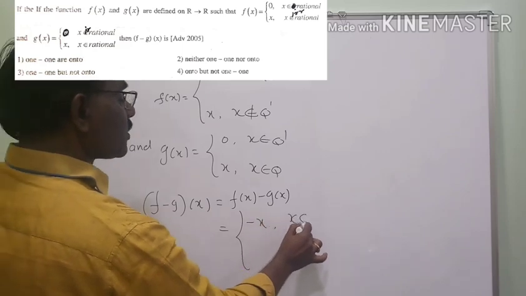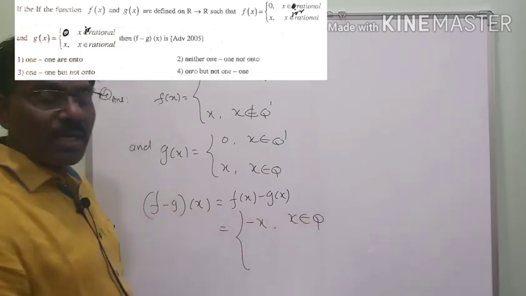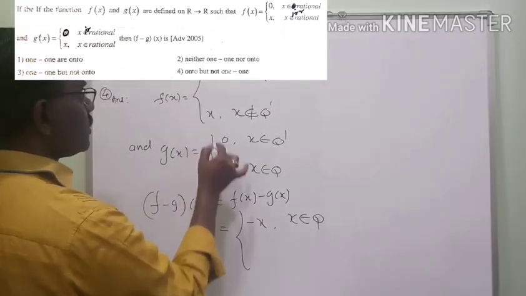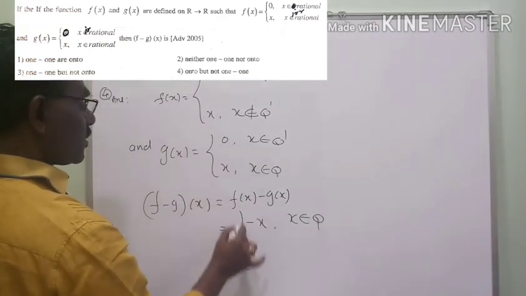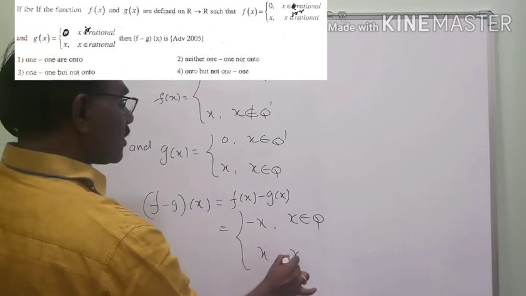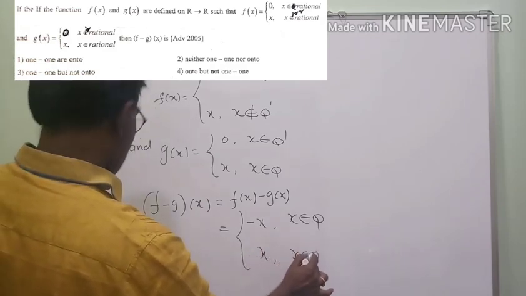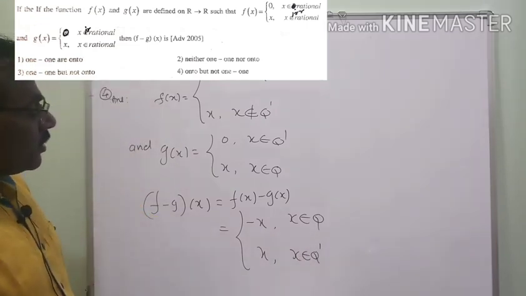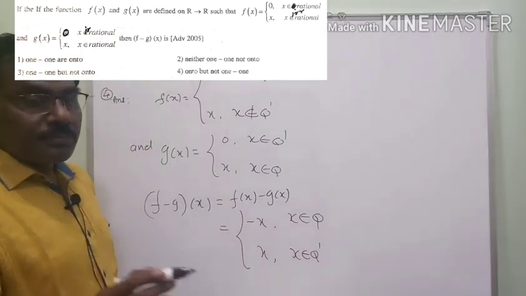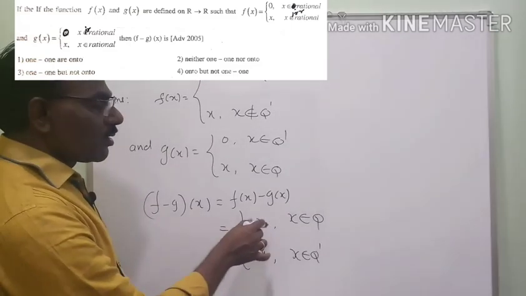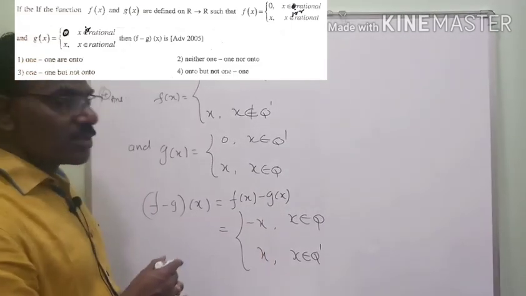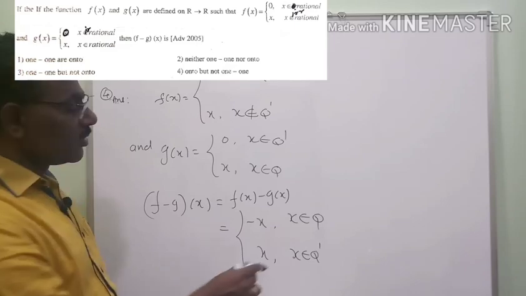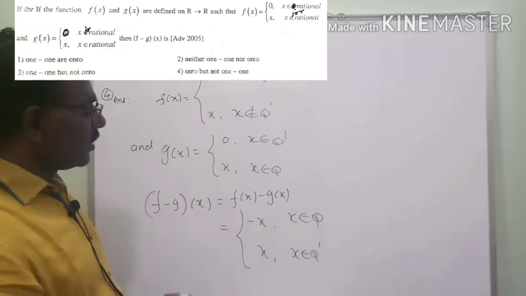So x belongs to Q. Okay, x belongs to Q. And for irrational, x minus 0 is x, so x belongs to Q dash. Rational and irrational are subsets of what? R only. So these are also called real numbers.